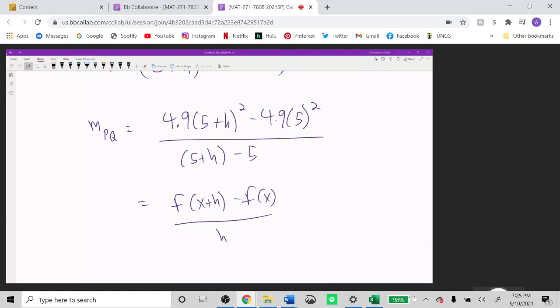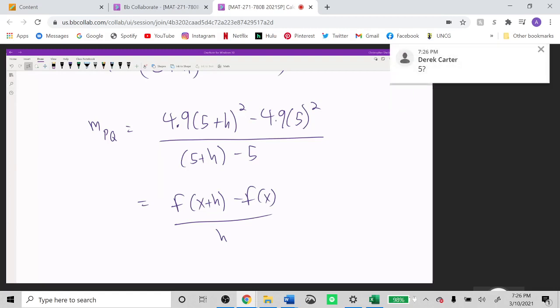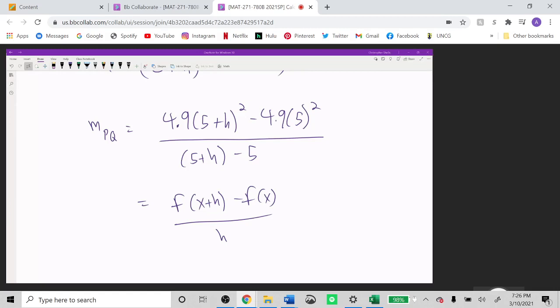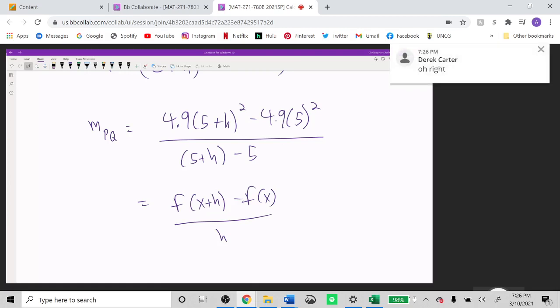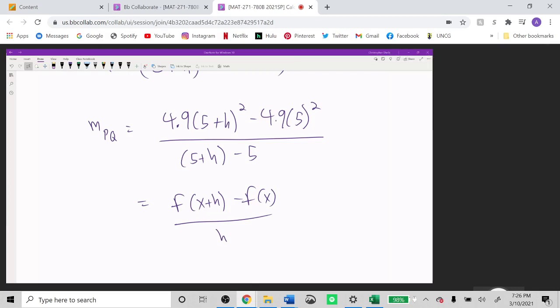How long should the time interval be at a single point? It would just be that time. It wouldn't be an interval, right? So yeah, the interval at a single point should be 0, right? So essentially, in order to find the slope of this tangent line from the slope of the secant line, the idea is that we're going to have to let this h value get closer and closer to 0.